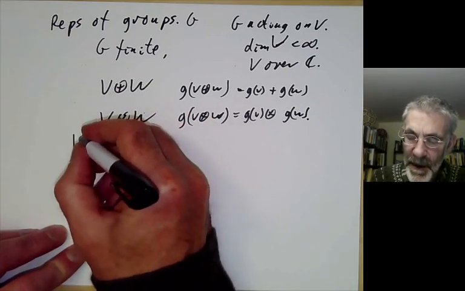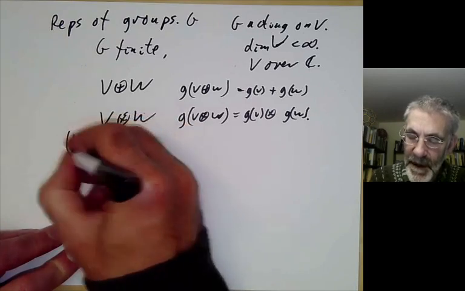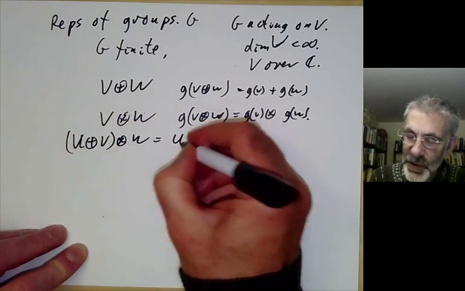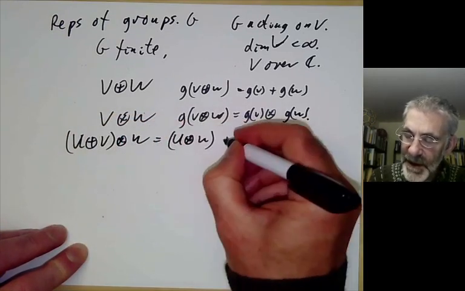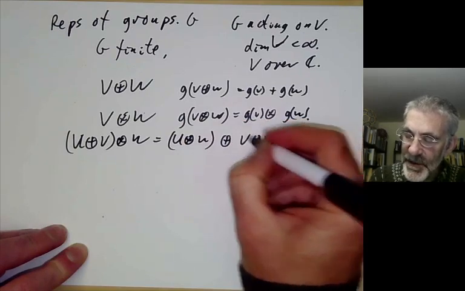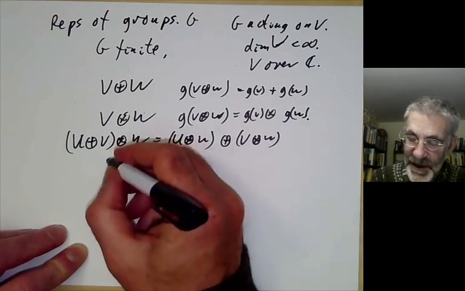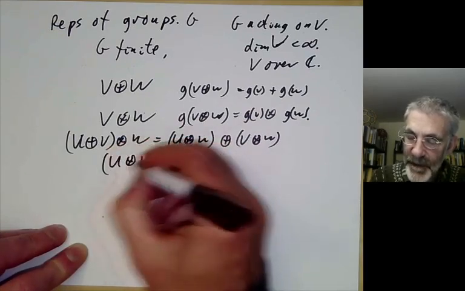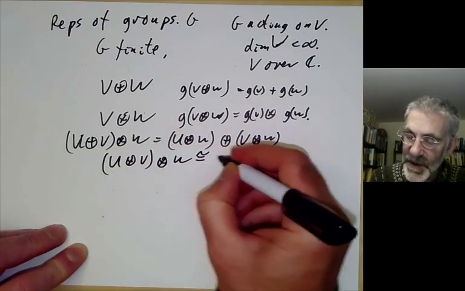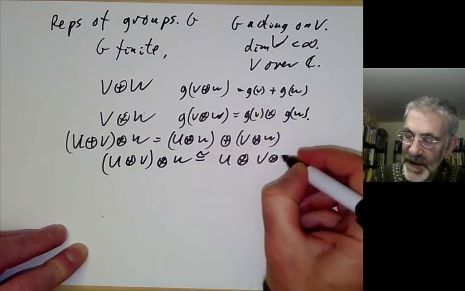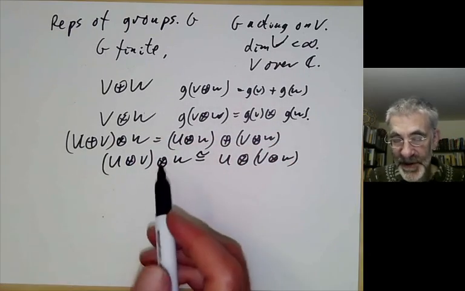So (U plus V) tensored with W is equal to U tensor W direct sum V tensor W. And you can check that this holds as representations of G, and (U tensor V) tensor W is isomorphic to U tensor (V tensor W), again as representations of G.